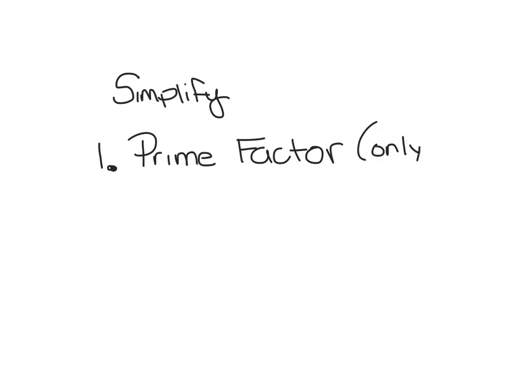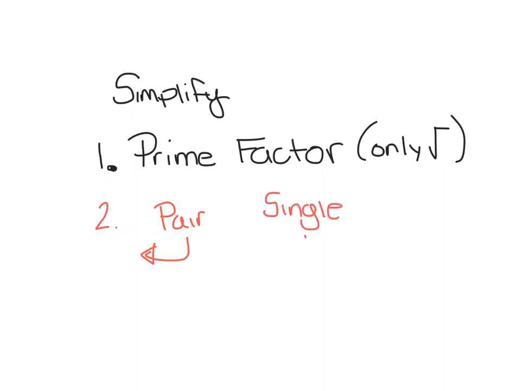Only the radical. You don't factor anything else, just the radical. Second thing you're going to do, the pairs. If you have a pair, it's going to be outside the radical, and the single numbers are going to be inside your radical. And the last step, if we need to, is to make sure that we multiply anything that's inside or anything that is outside together.